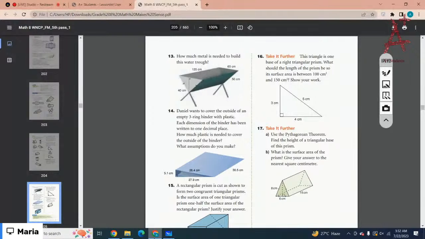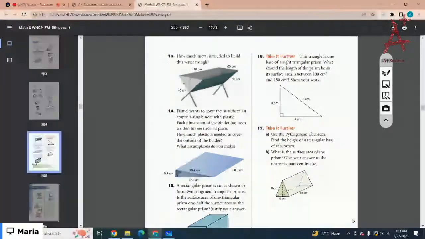Question number 15 is, a rectangular prism is cut as shown to form two congruent triangular prisms. Is the surface area of one triangular prism one half the surface area of the rectangular prism?